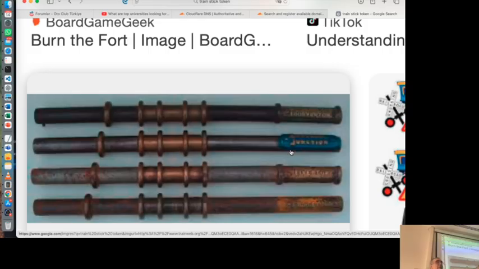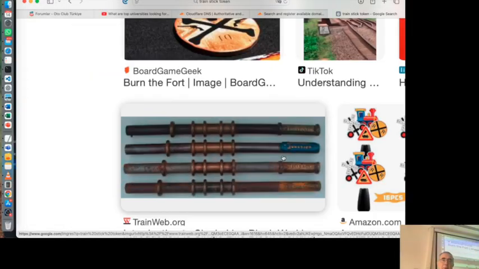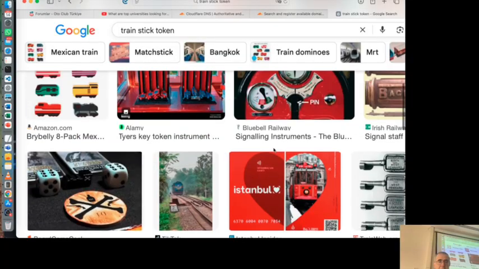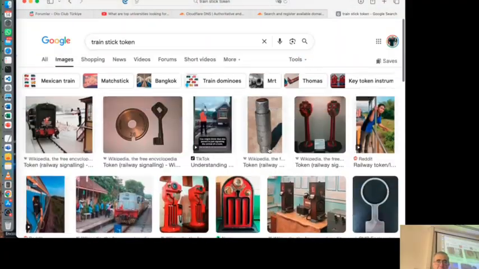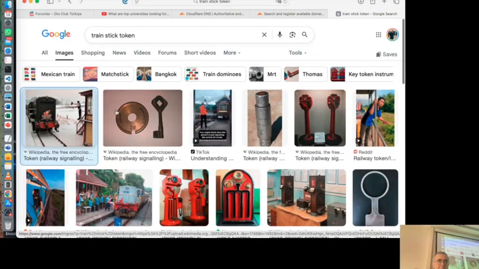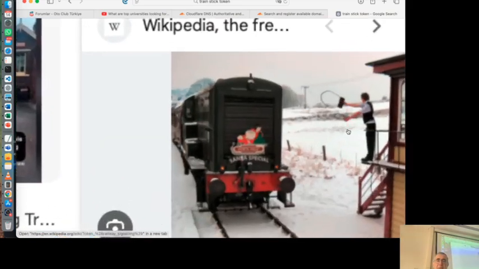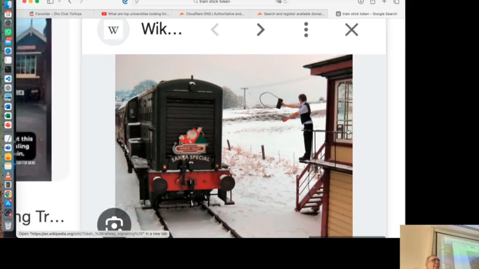These are long because it is easy to give it to the person on the train from the ground. In some other places, they use it in India today. This is the token. The guy holds it as the train passes, and the guy takes it by hand or with a fork device without stopping.